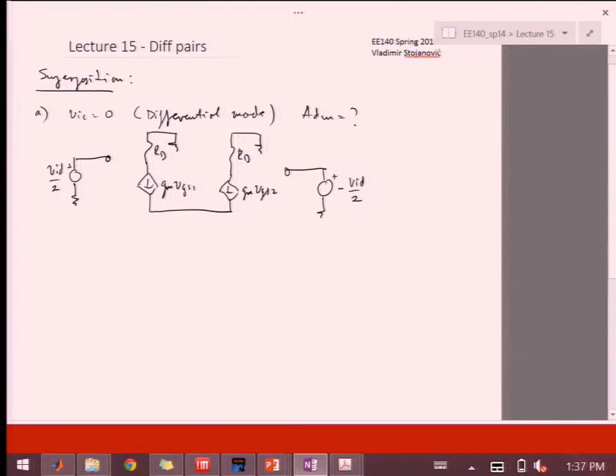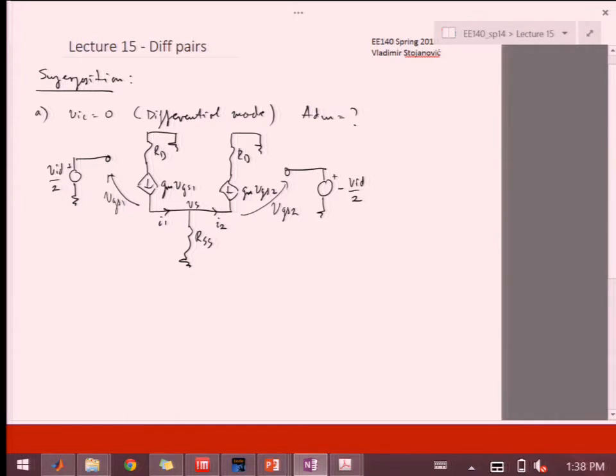And then over here, for now, I'll keep this RSS, but we'll see in a moment we don't really need it. So let's label this VS. So this is VGS1, and this is VGS2. We can also label these currents as I1 and I2.